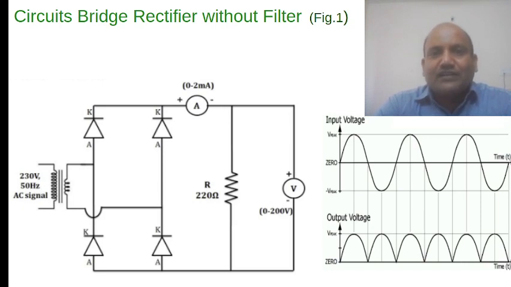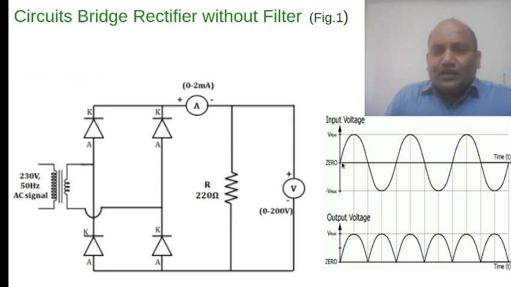For example, if you operate your memory using an AC signal, you cannot get a proper output, because for one half cycle the data can be stored, and in the other half cycle the data can be erased.